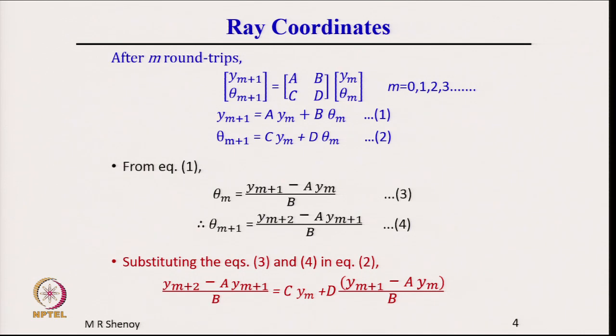Therefore, after m round trips, the new coordinates y_(m+1), theta_(m+1) are still related to y_m and theta_m through the ABCD matrix. So, we write y_(m+1) is equal to A y_m plus B theta_m, and theta_(m+1) is equal to C y_m plus D theta_m.